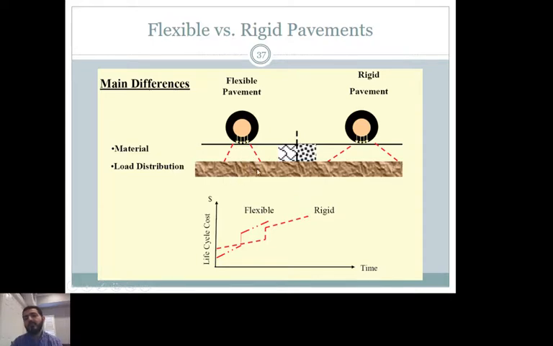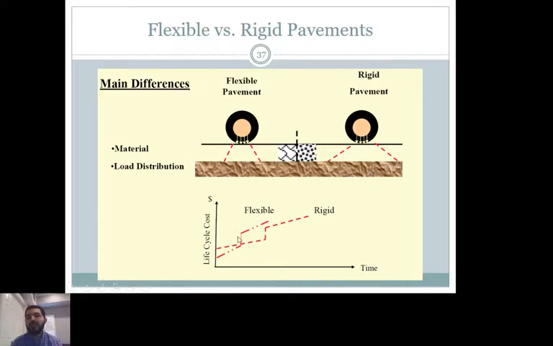Therefore, we need multiple layers, a subbase and a base, to distribute the load over a bigger area until we reach the soil. Whereas rigid pavement is a very strong layer. It takes most of the load and distributes it very well to the bottom layer.